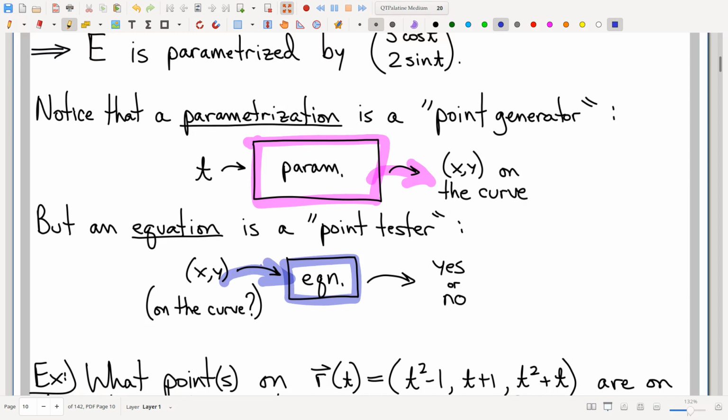But the calculus of parameterizations is completely different from the calculus of what you might call equations here. Completely different. So the geometric interpretations of, when you write down some calculus, what does that look like? Well, it's completely different depending on what you're looking at, a parameterization or an equation, and we're going to have a couple other options as well.